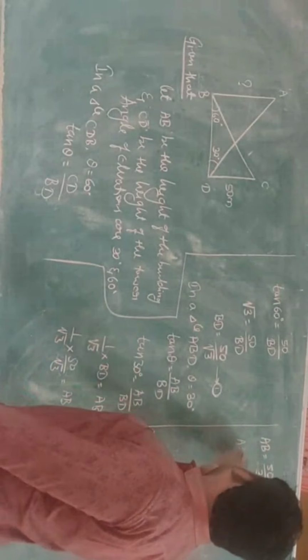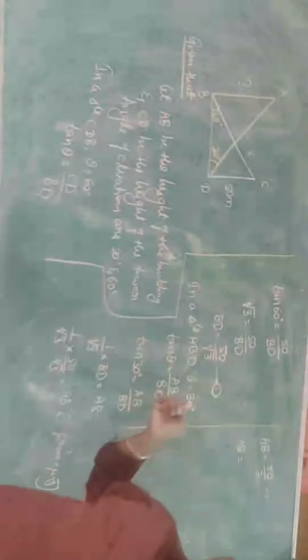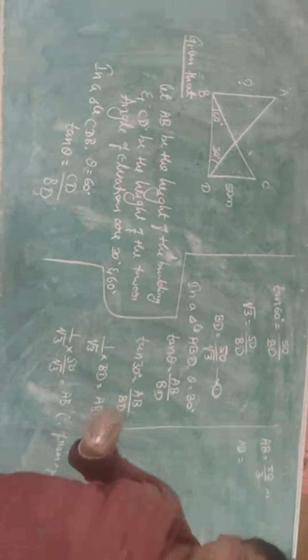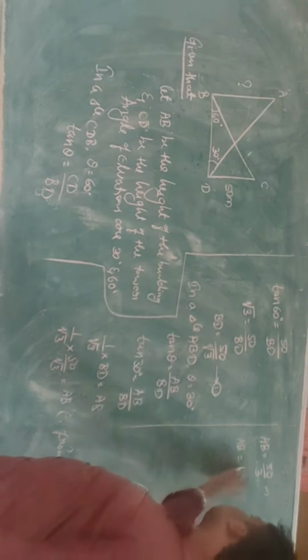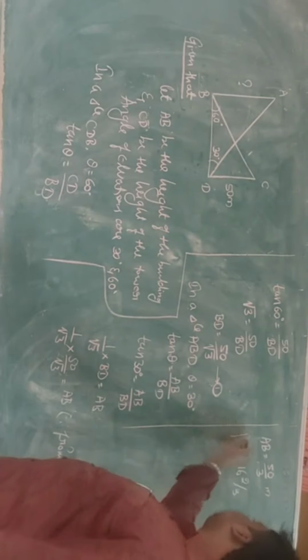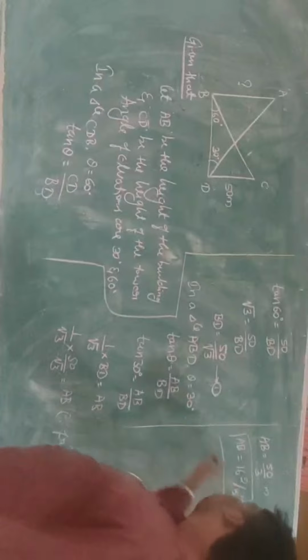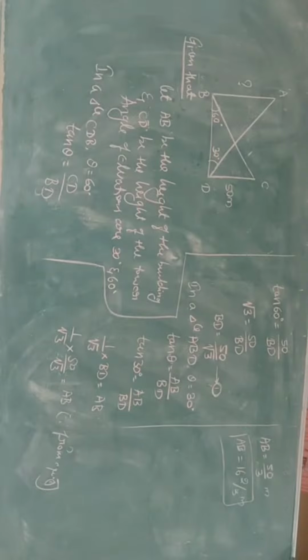You can write it as a mixed fraction: 16 whole 2 upon 3. Check in the answer sheet, this is given. Note down. Write the conclusion: hence, the height of the building is 16 whole 2 upon 3 meter.